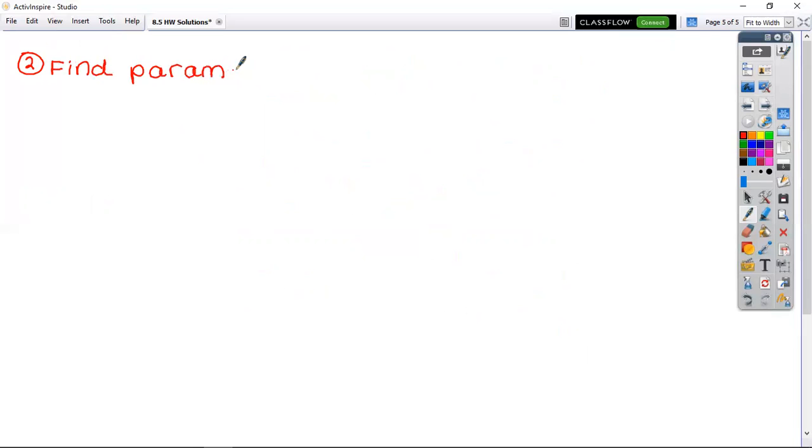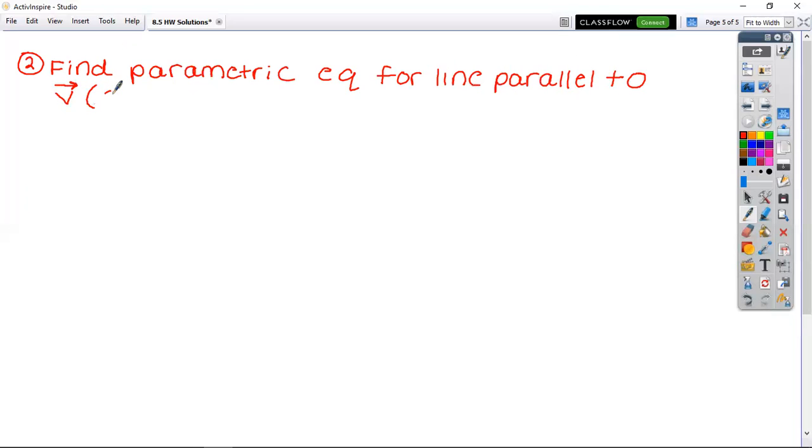We're going to find parametric equations for a line parallel to vector v, no matter what letters, and that is going to be (3, -5). And I'm going to give you an ordered pair. The ordered pair is going to go through (4, 3).